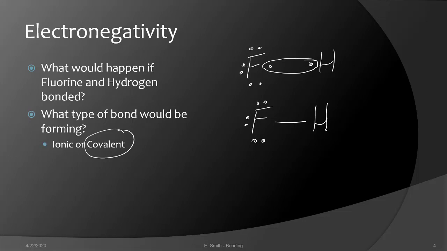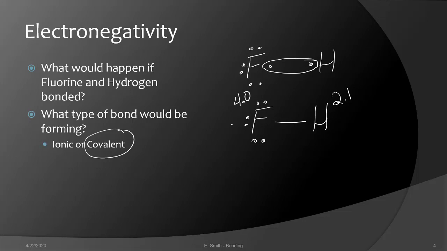Now, the question is, based upon their electronegativity. Fluorine has an electronegativity still of 4.0 on the Pauling scale. Hydrogen, on the other hand, has an electronegativity of about 2.1. So remember, the electronegativity determines how much pull it's giving. Fluorine is the biggest. So let's just say fluorine is like John Cena, and hydrogen would be me.